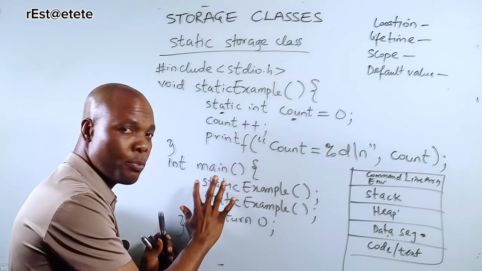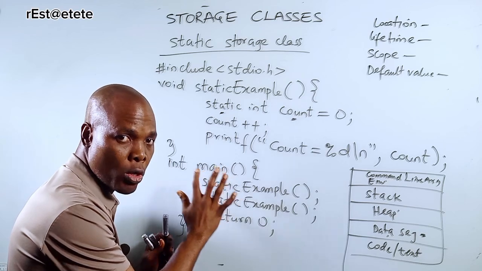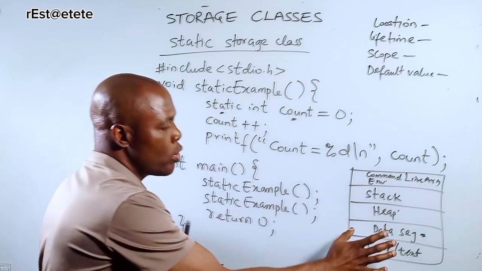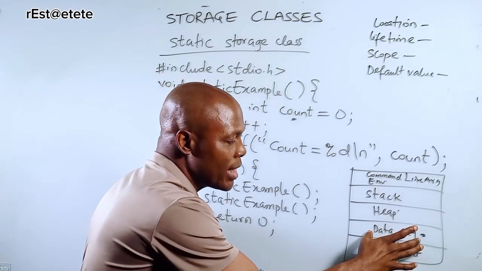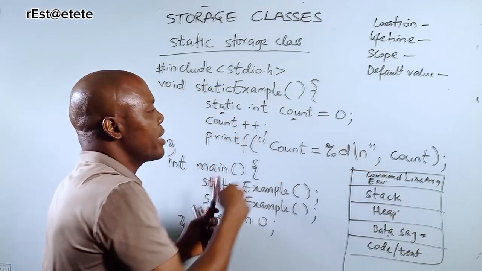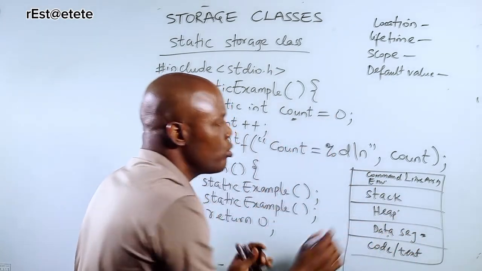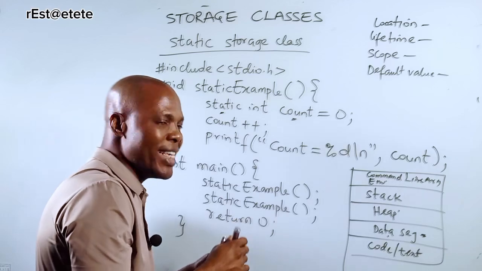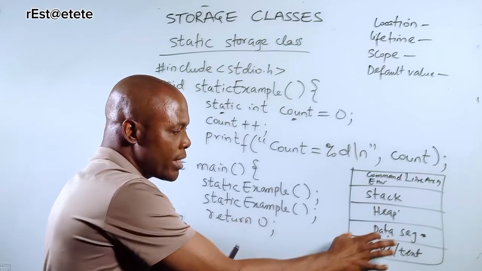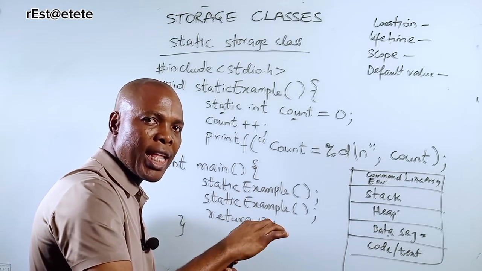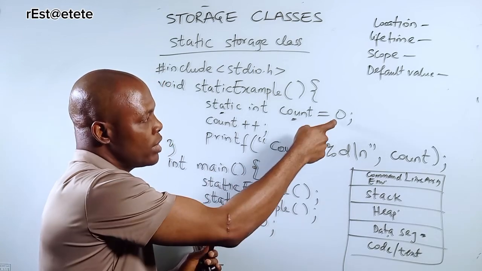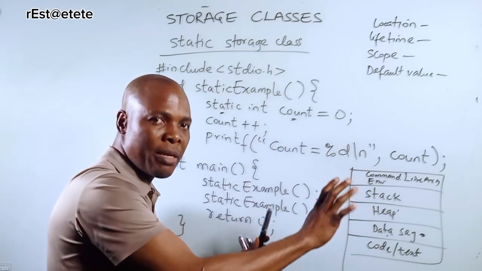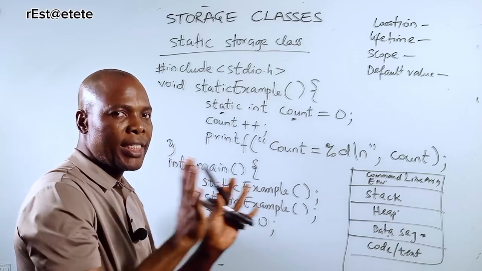That is even before the main function will be called. This data segment is divided into two parts, uninitialized and initialized. Because it's initialized to 0, it will go to that segment and create count and initialize it once.